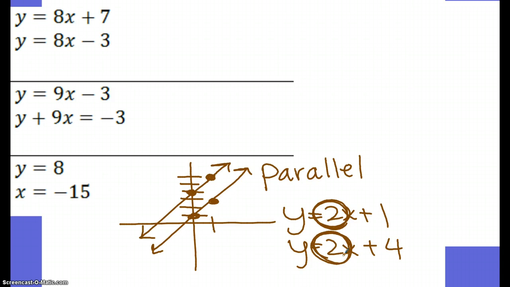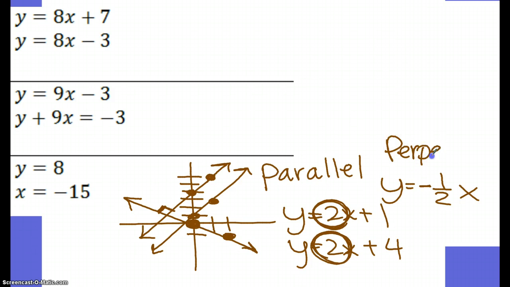If you did a line, let's say there was another one, in this case it said negative 1/2 x. So there's no starting value. We would start at 0. That would be our intercept. And this one you go down 1 over 2. This line here is perpendicular, even though I can't draw perfect lines, therefore it doesn't look quite like a right angle, but perpendicular lines have right angles.